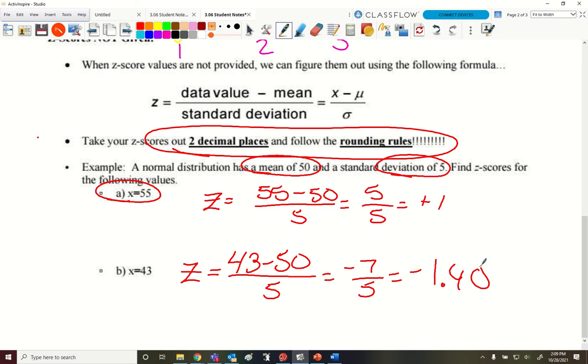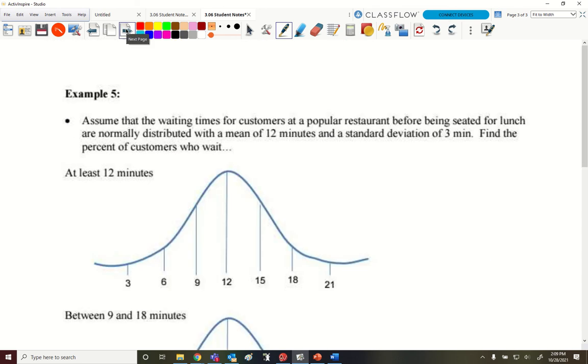Alrighty, let's look at the next. We have a couple more to do, and then from there, it should be pretty easy. Now this one, we're going to do the same thing that we were doing on the first page, the first 2 examples, but now we actually have a different mean and a different standard deviation. It says right here, assume that waiting times for customers at a popular restaurant before being seated for lunch are normally distributed with a mean of 12 minutes.